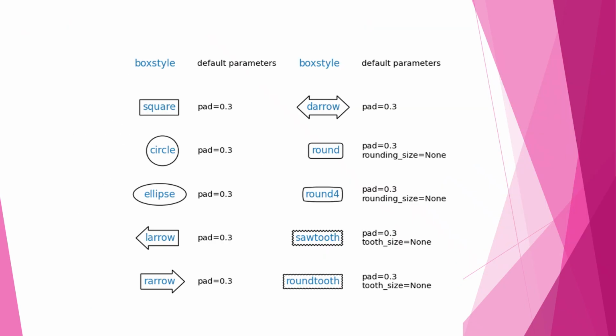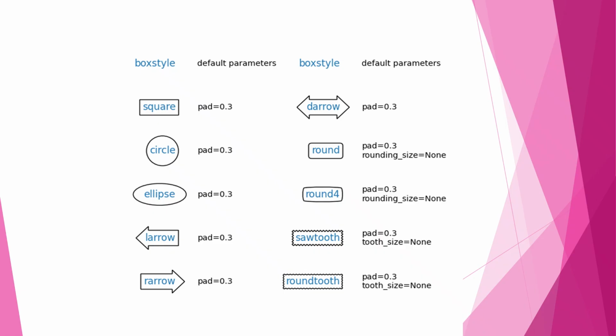This slide shows different types of box styles that can be used in annotations to highlight text in a plot. In Matplotlib, the bbox parameter allows us to customize the shape of the box around annotation text. There are several styles available like square, circle, ellipse for simple shapes, and arrow-like styles like larrow, rarrow, and darrow for directional emphasis.